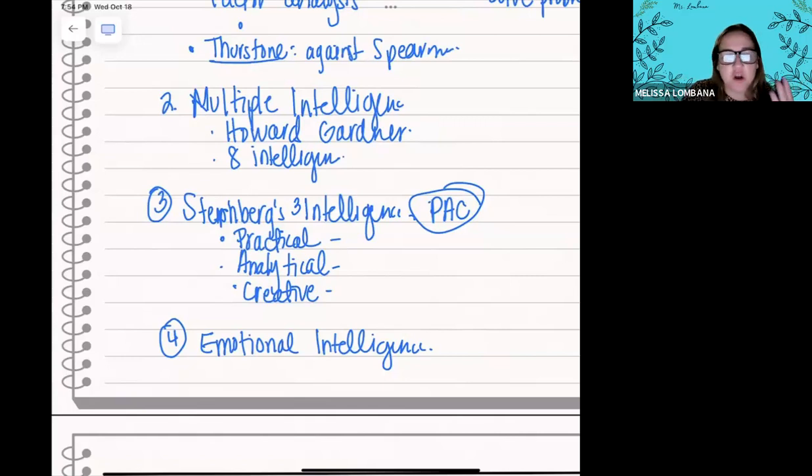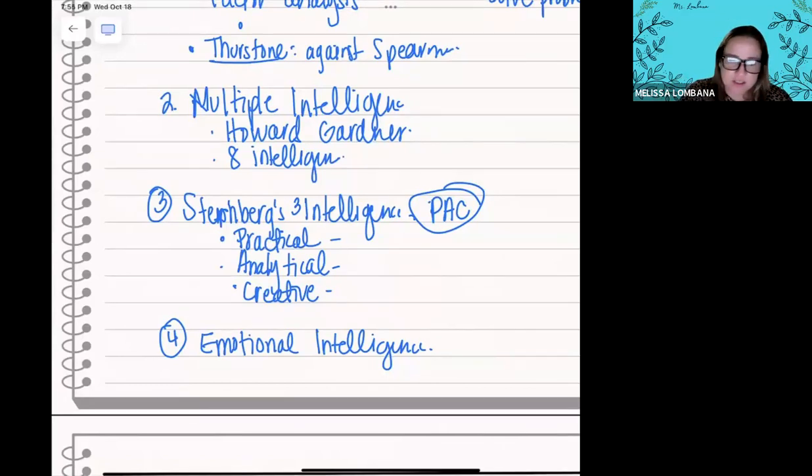So the four different components of what makes an emotional intelligence, or what rates your emotional intelligence, is: first one is perceiving emotions, right? Are you able to recognize other people's emotions as well as your own emotions? Second one is understanding the emotions, right? Being able to predict and know why emotions change, okay?